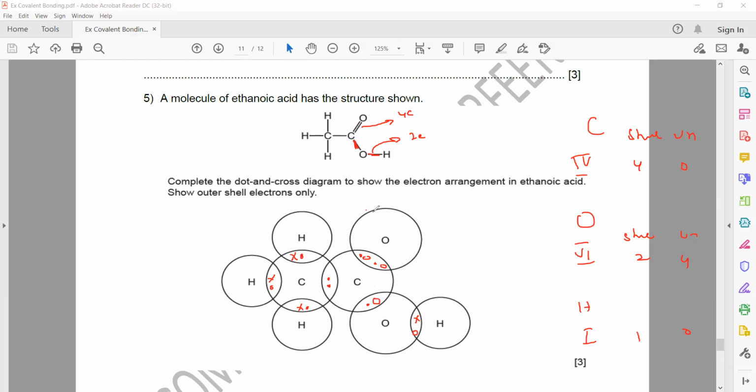Now to draw the unshared ones, 1 2 3 4 for oxygen and 1 2 3 4 for the other oxygen. So this is the structure of ethanoic acid. When there is a single line, it means there's a pair of electrons. But when there's a double line, it means 2 pairs or 4 electrons.